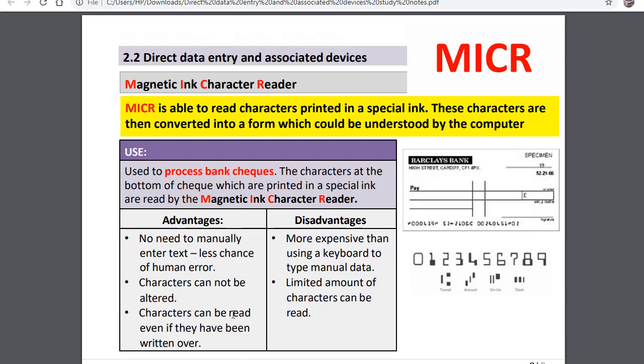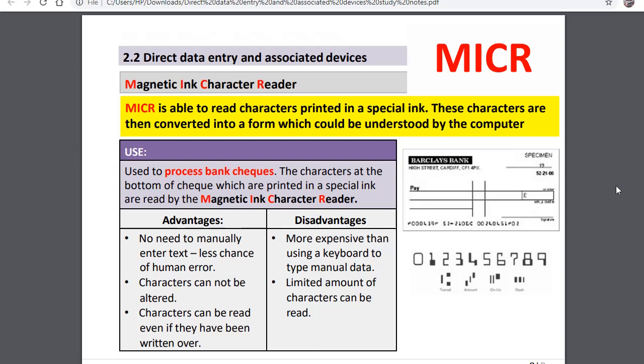Okay, if anyone tries to override or write over the written characters, the characters could be read by MICR. The disadvantages of MICR: it's more expensive than using a keyboard to type manual data. Limited amount of characters can be read.